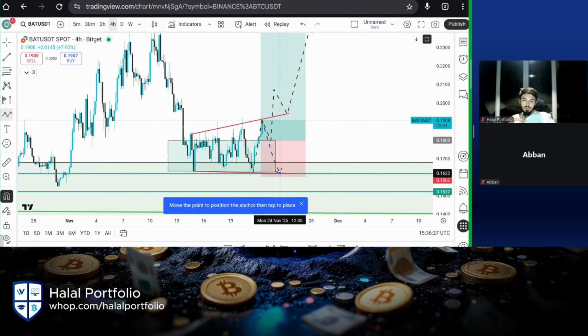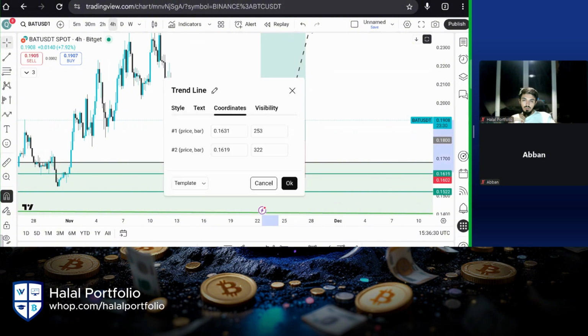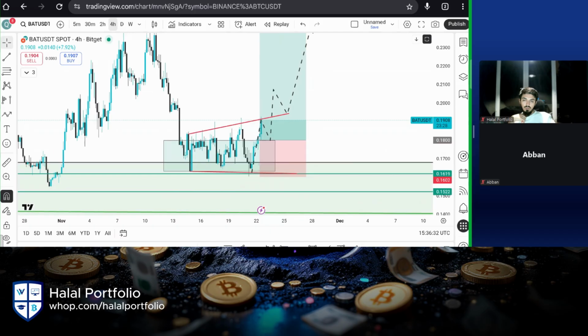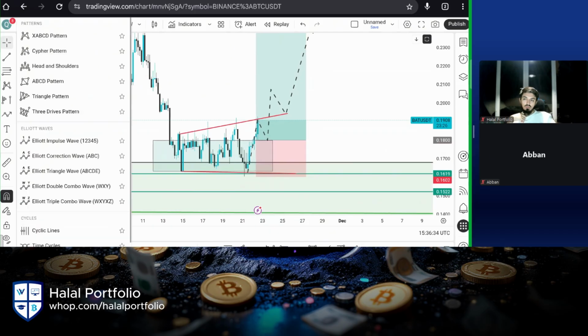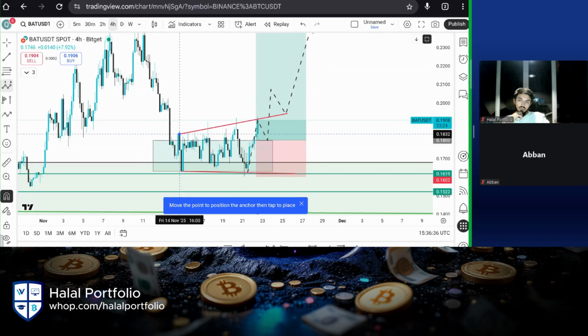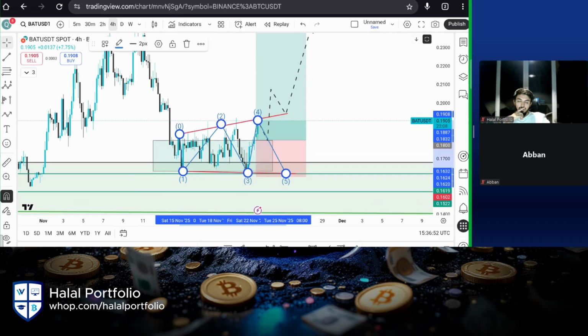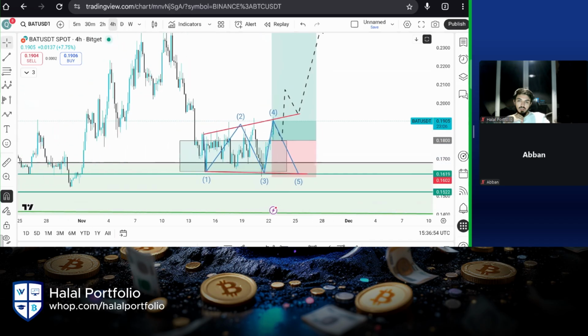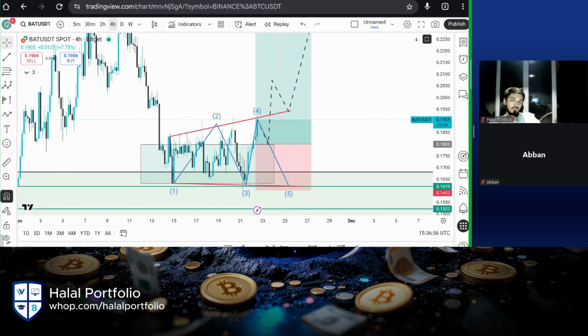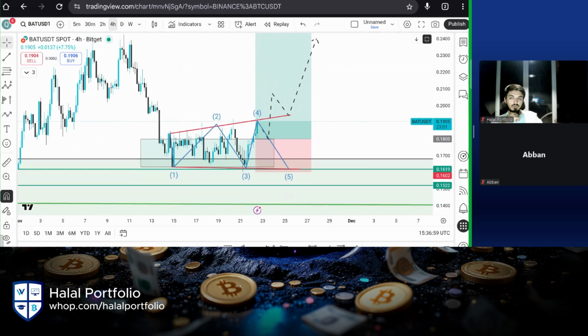It can do this as well. So we can also do this. So these are the setups we should be aware of.